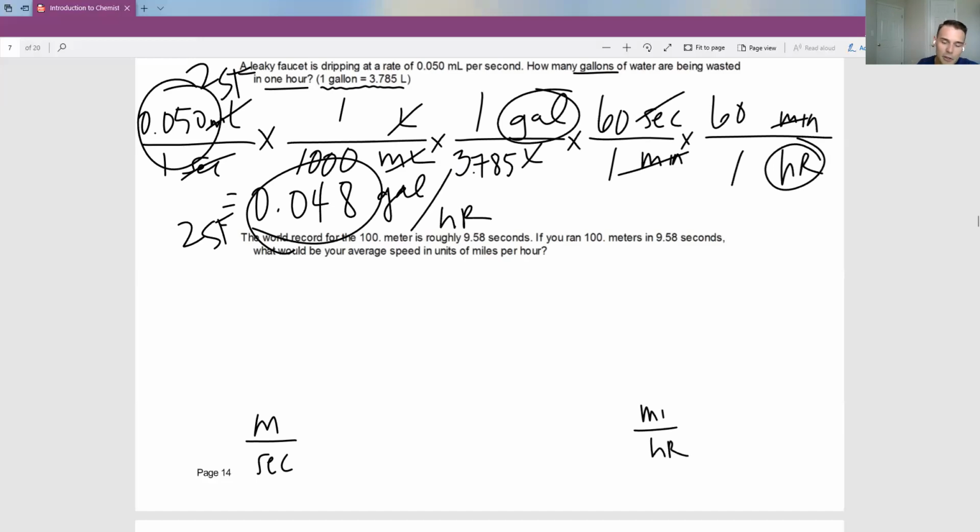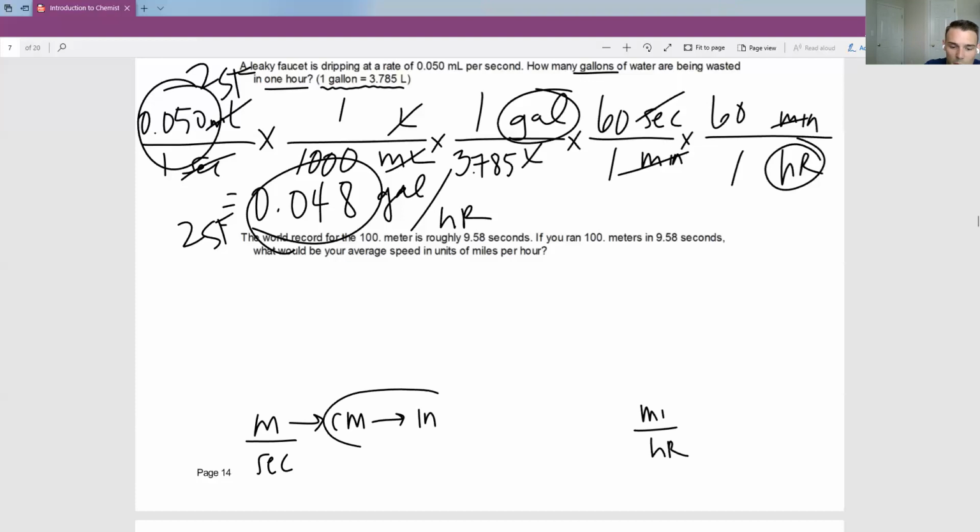I'm not going to do the seconds to hours because you should be able to do that even before we came into this class, but we're going to do the meters to miles because there might be some things in there that you aren't aware of. And there's one conversion that's very helpful that if you don't know, you're going to want to know. So I'm going to take meters, which is my base unit, so I can go to anything, and go to the centimeter, and then from centimeters to inches.